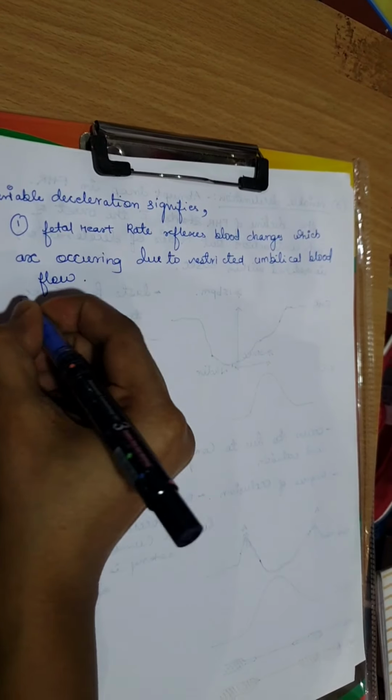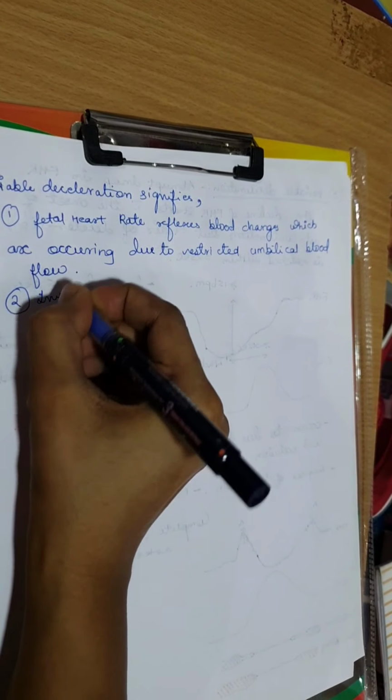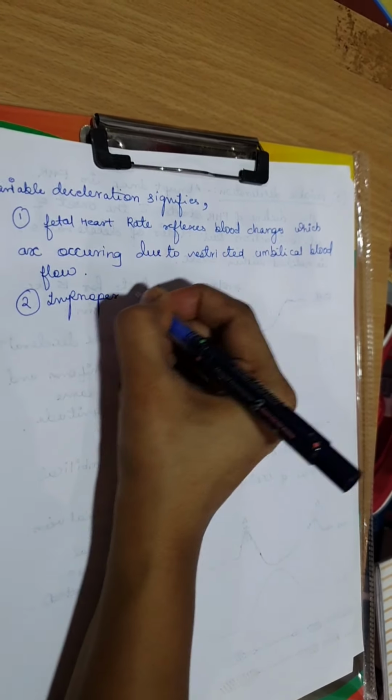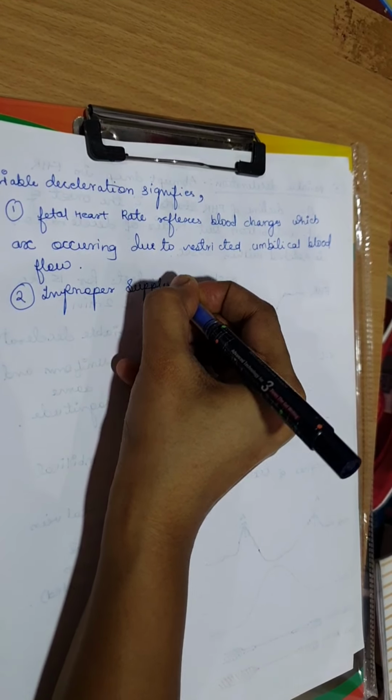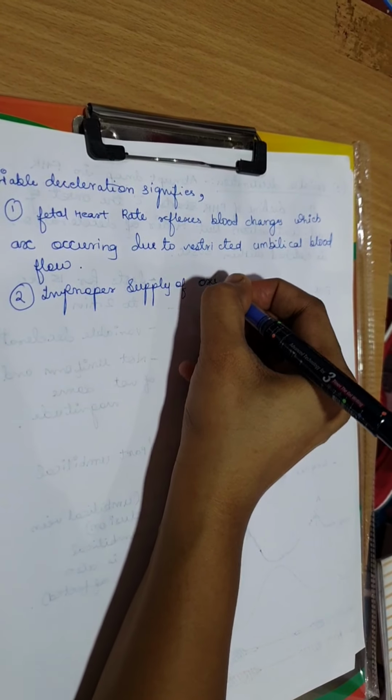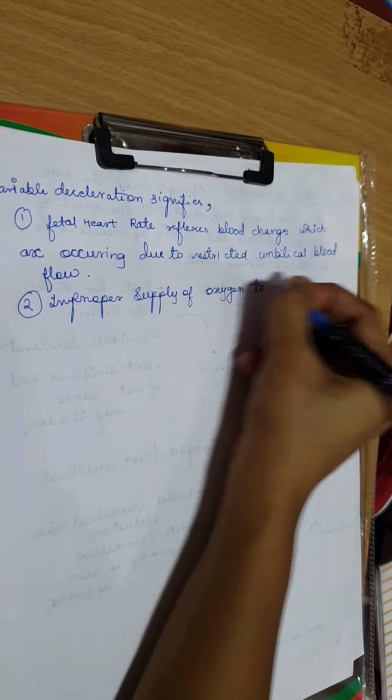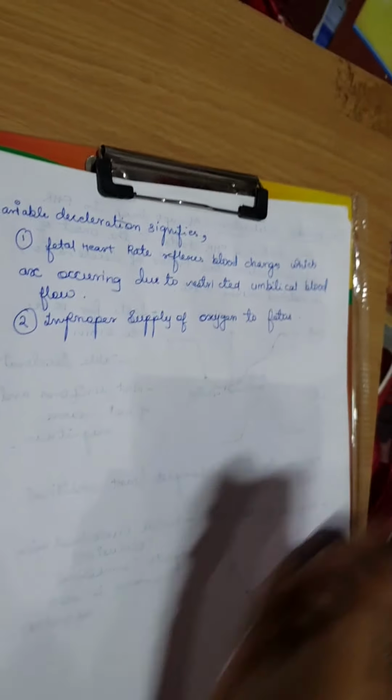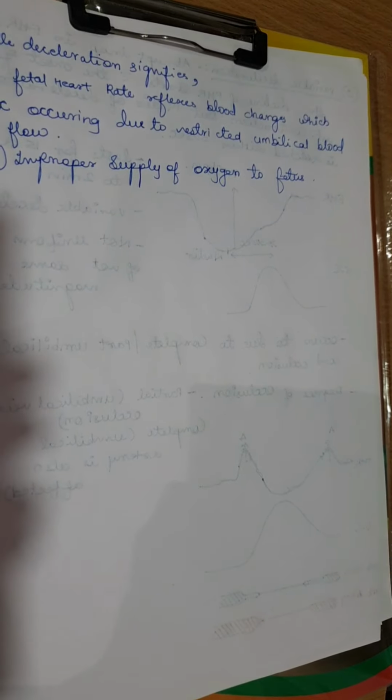Or second, improper supply of oxygen to the fetus. The variable deceleration represents these two.